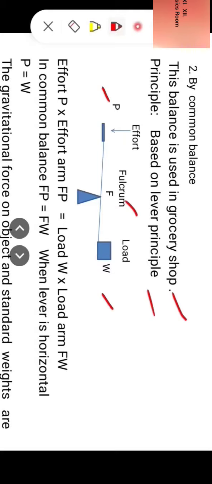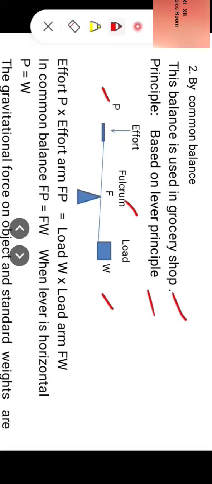Now in a common balance, FP is equal to FW when the fulcrum is exactly in the middle and the lever is horizontal. Then P will be equal to W.